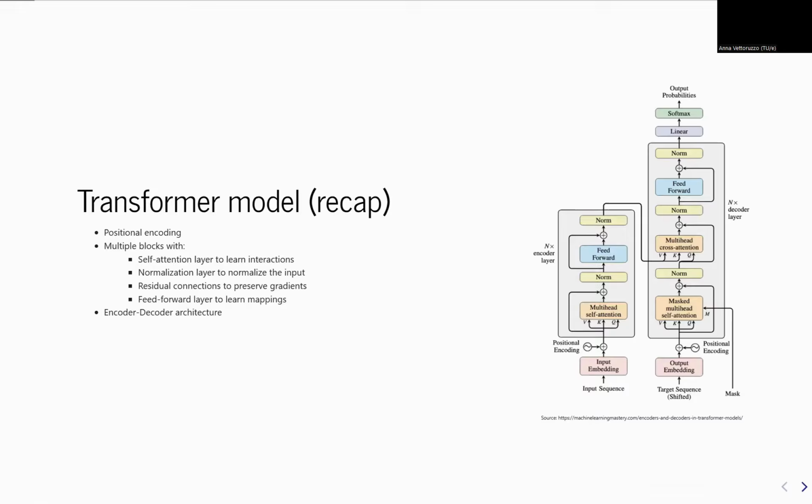Both the encoder and the decoder consist of multiple transformer blocks with self-attention layers that are used to learn interaction between the tokens, normalization layers to normalize the inputs, residual connections to preserve the gradients, and finally feed-forward layers to learn the mappings. Finally, the output passes through a linear layer and a softmax to produce a probability distribution over the vocabulary and generate the final predictions.